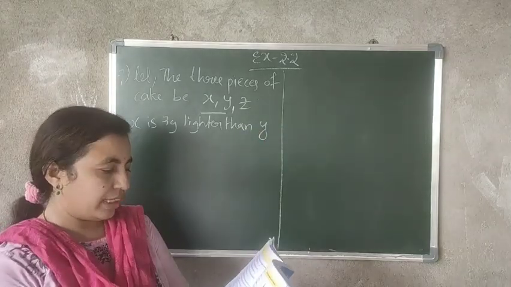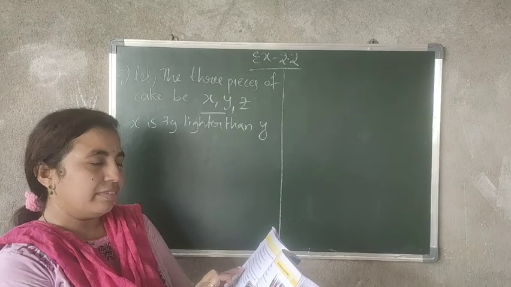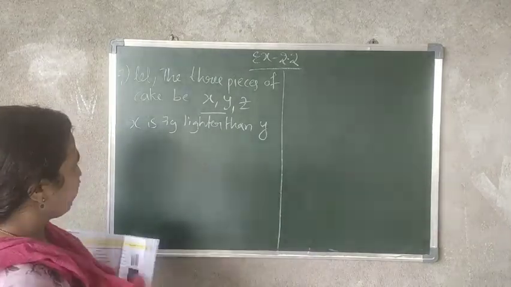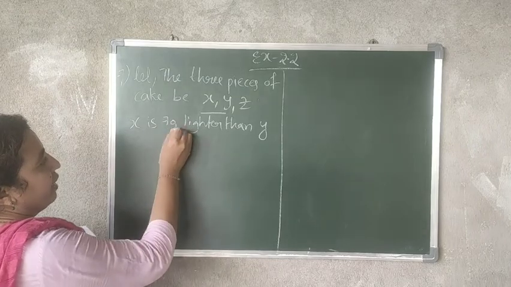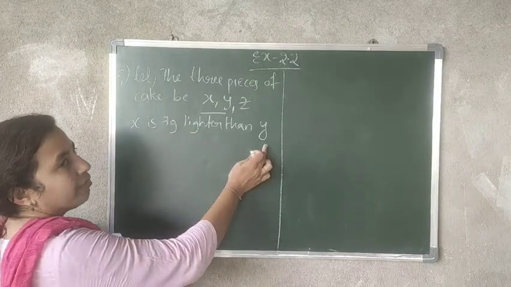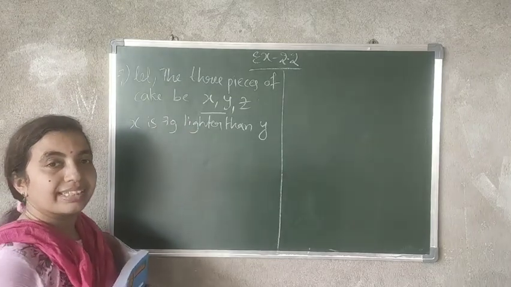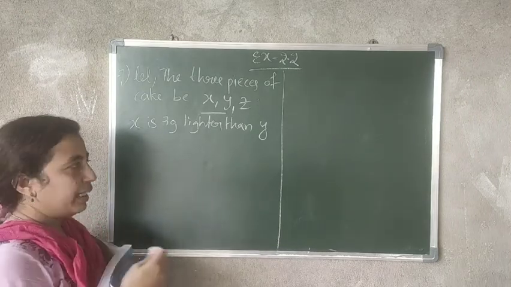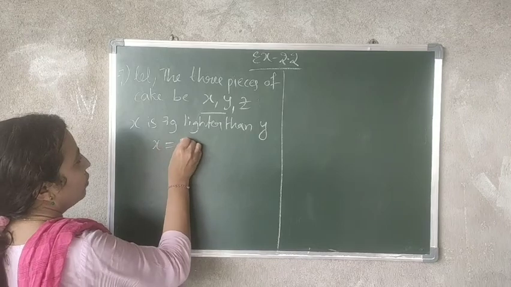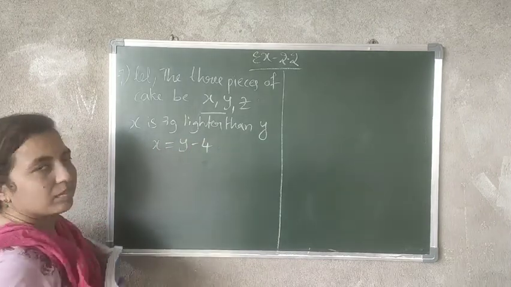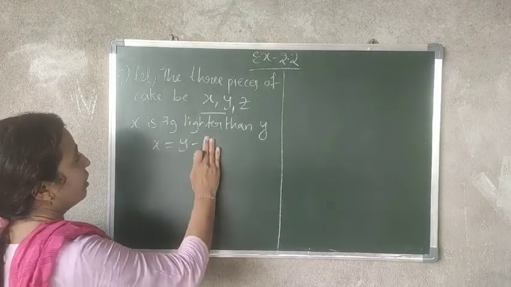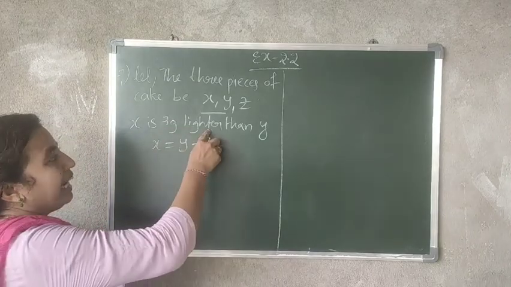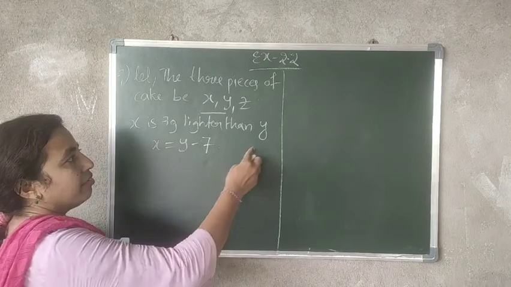The second piece is y. In the word statement they have given this; I am writing it as an expression here. x is 7 grams lighter than y, means x is equal to y minus 7. Sorry, 7 grams. x is 7 grams less than y.